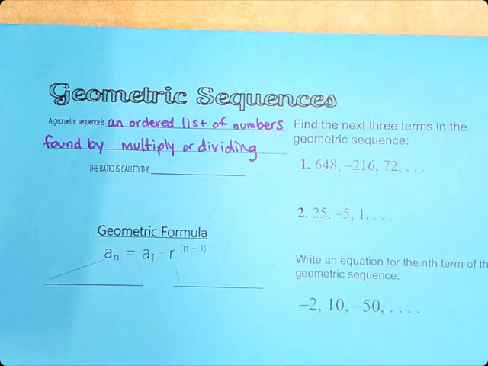When we did arithmetic sequences, we had an ordered list of numbers found by adding or subtracting the same number over and over. Well, this is multiplying and dividing over and over and over.